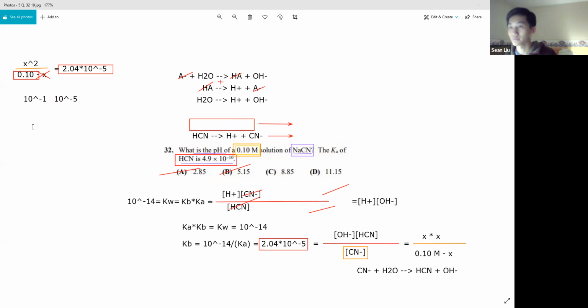All right, now let's put all those assumptions into play. Now we just have X squared divided by 0.10 molar. That's going to be equal to 2.04 times 10 to the negative fifth.